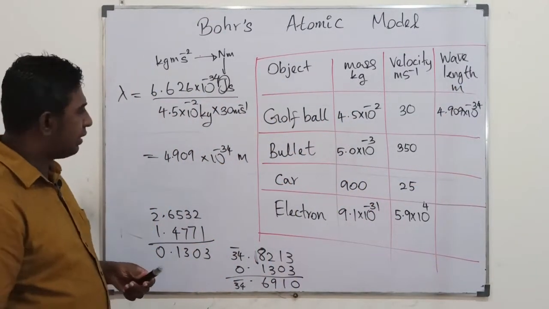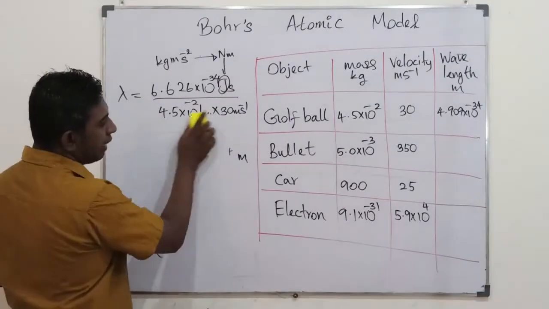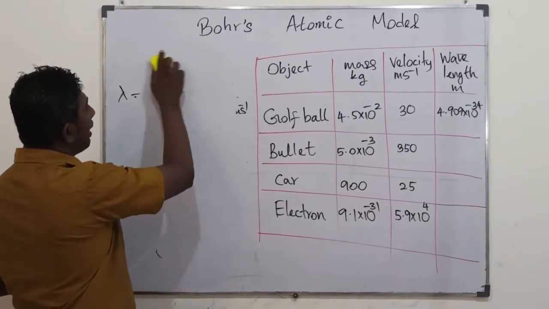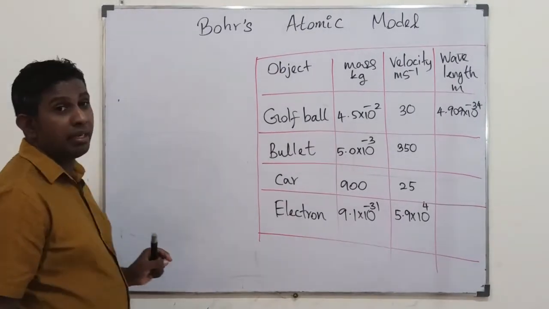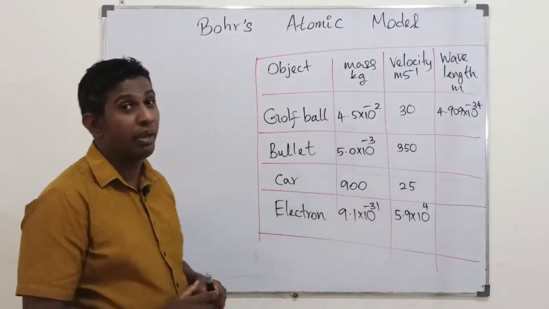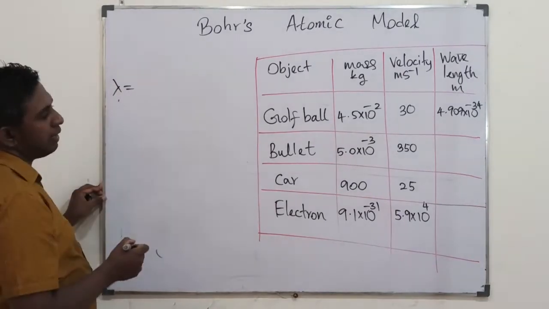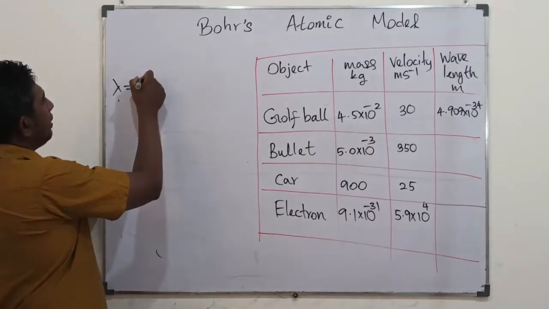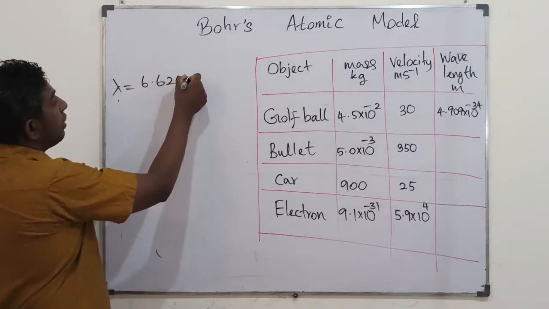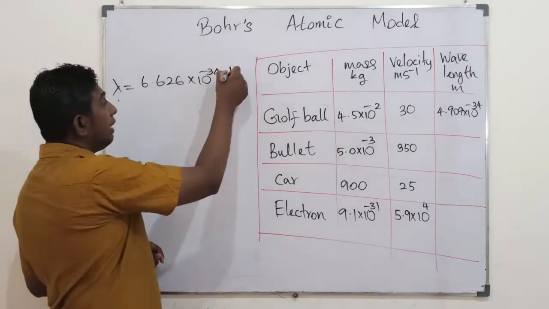Then students, let me do it for the next one. What's the next one? The next one is the bullet. We'll find out what the wavelength is when a bullet is passing at this speed, velocity. So again I'm finding the wavelength. h is Planck's constant, 6.626 into 10 to the power minus 34 joule second.